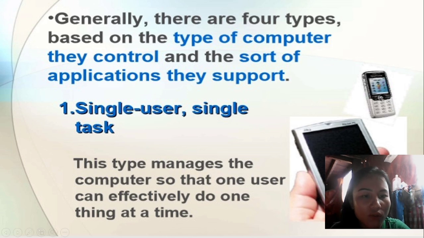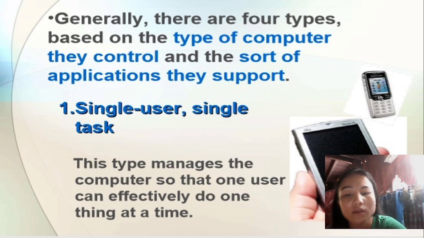The image shows a simple mobile phone, which typically uses this type of OS. For example, you can text message, but you can't browse the internet or play games simultaneously. You need to finish one task before starting another.